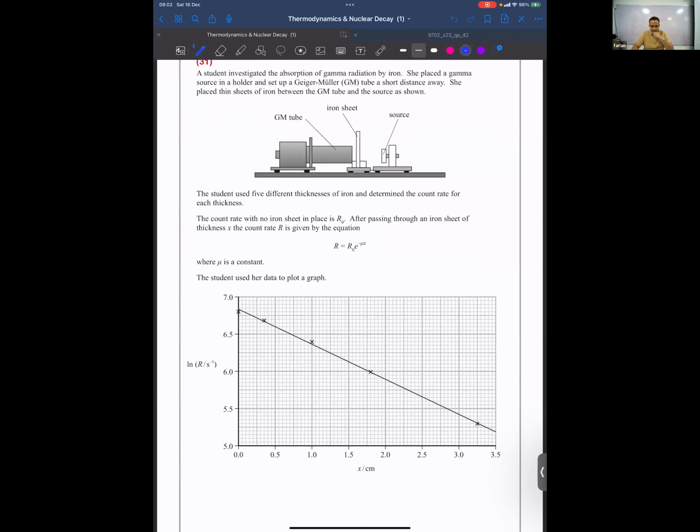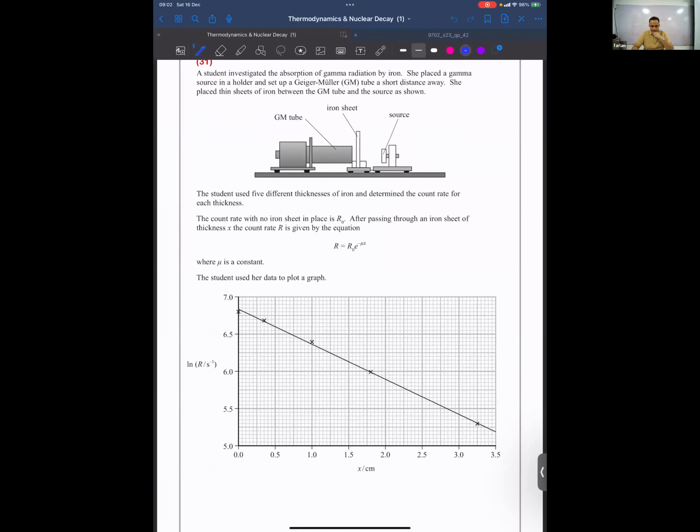The student used a source that emitted gamma rays of energy 1.1 mega electron volts. Deduce whether the data the student obtained confirms this energy value. Fine, so now, what is it? The ln of the initial R0 value is 6 point something. This is 6.678, this is 6.85.